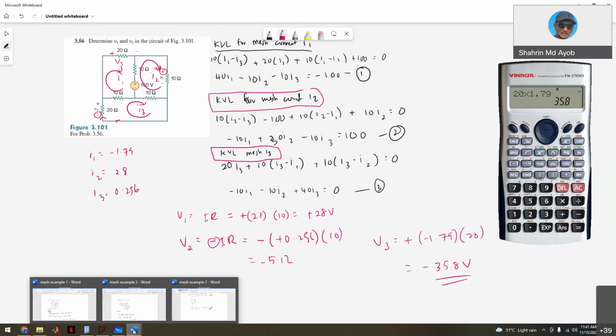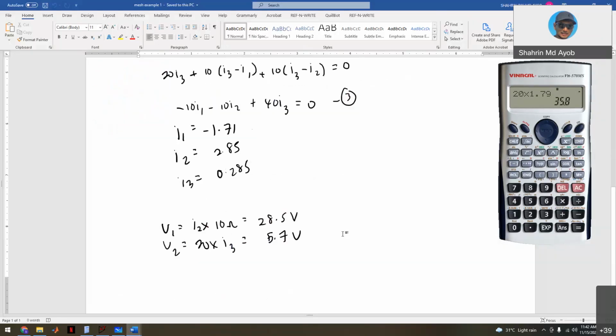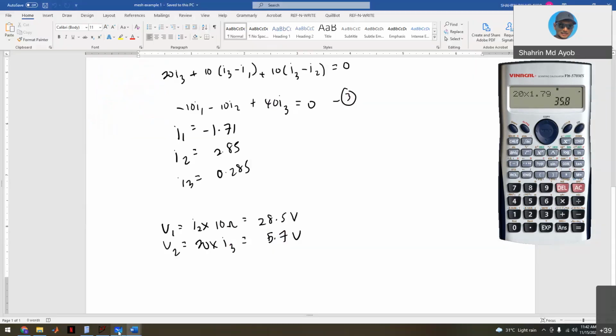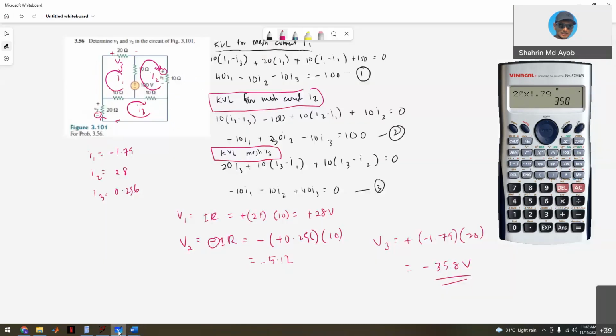Just to double check with my answer, for example, this one is 28.5, this one 5.7. Negative 1.72, that is slightly different.